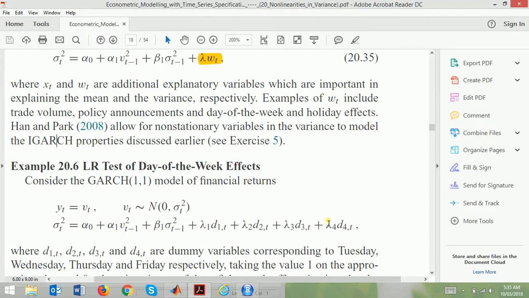Yesterday, in the last video, we ended while we talked about phi GARCH, and we have also seen some examples applying phi GARCH, which was quite important, quite essential.